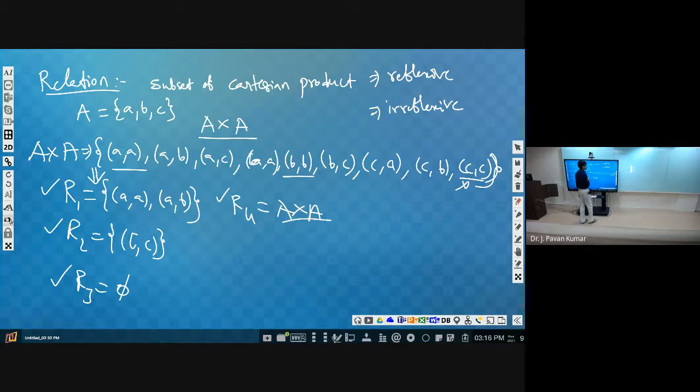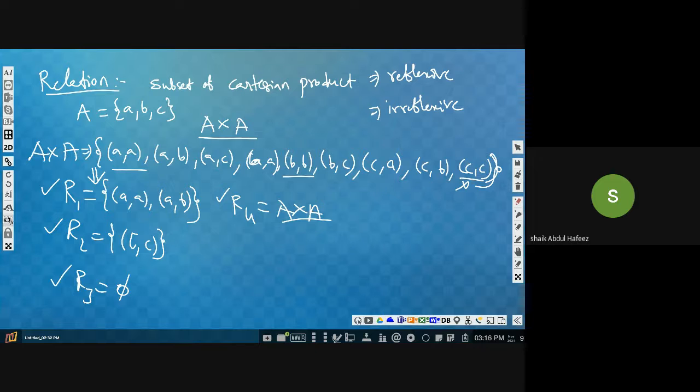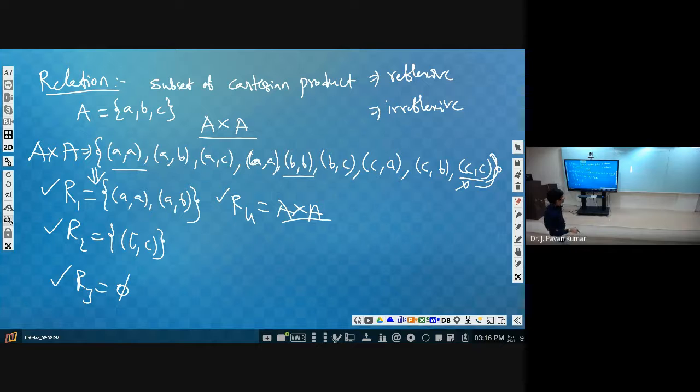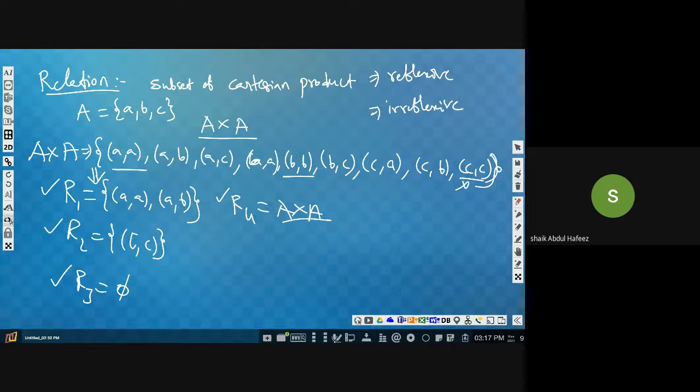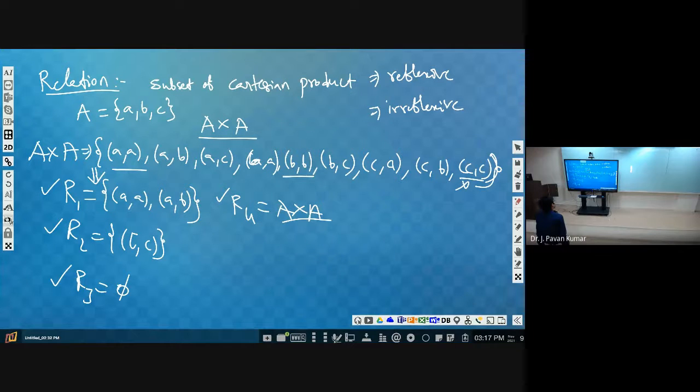Yeah. So now the question is, can we have a relation which is both not reflexive and not irreflexive? No, sir. Yes, sir. We can have. Yes, we can have such a relation. Can you give an example? If we have C comma C. Only C comma C, yeah, R2 you can consider as not reflexive.